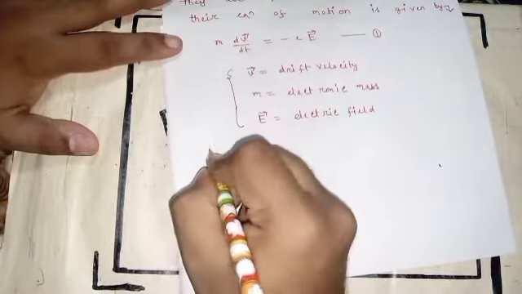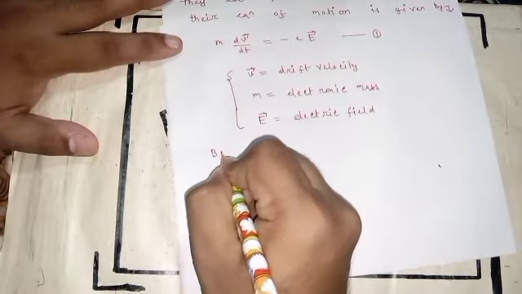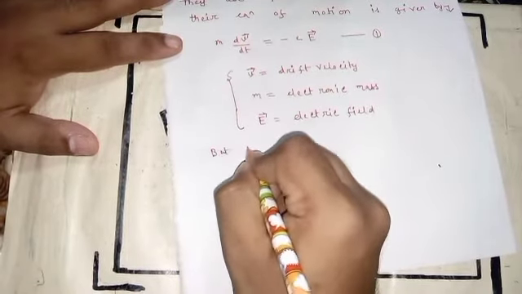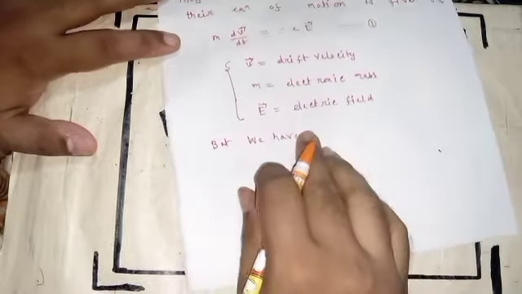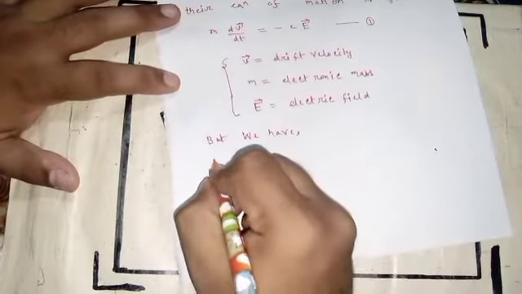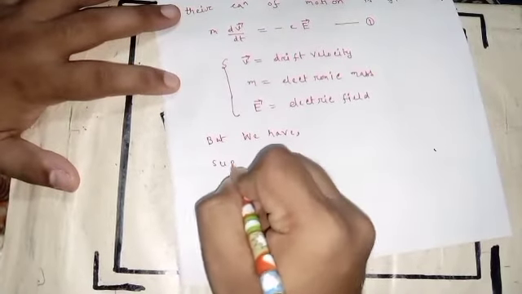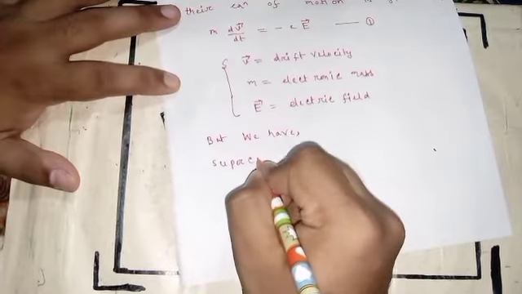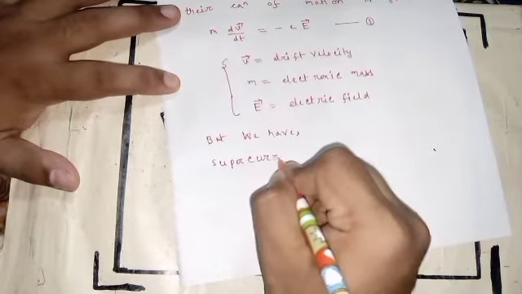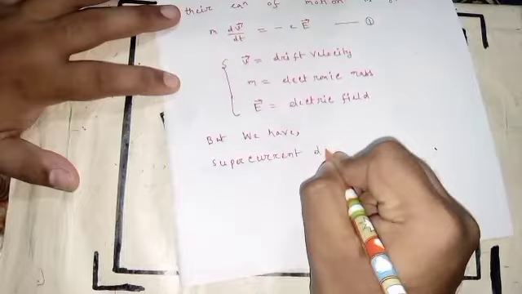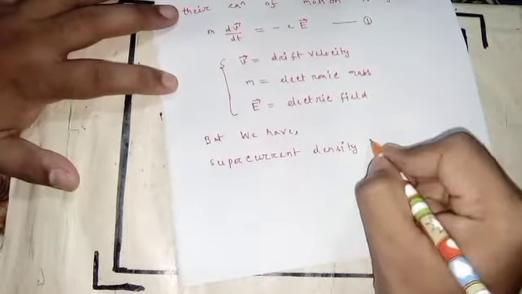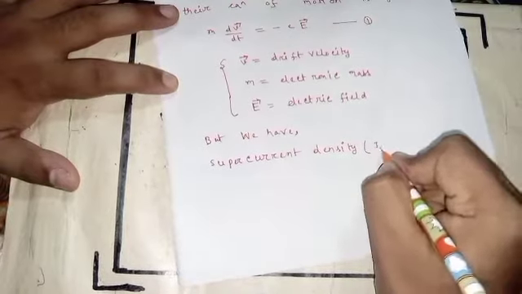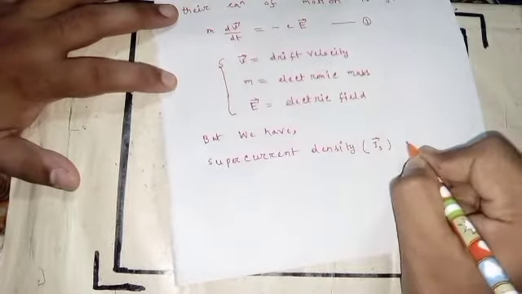But we have supercurrent density, and this is defined by Js vector.